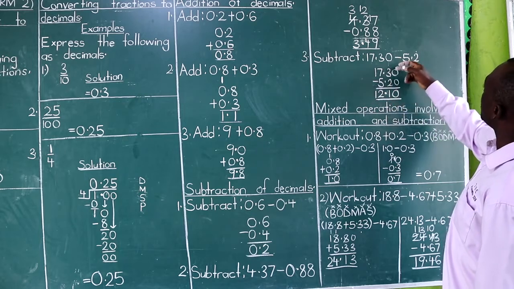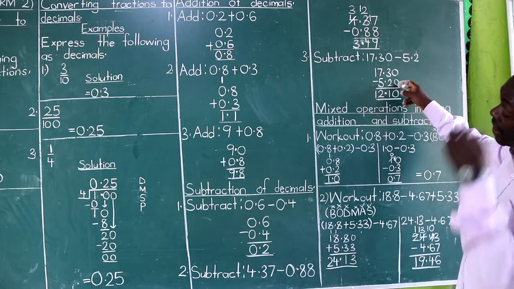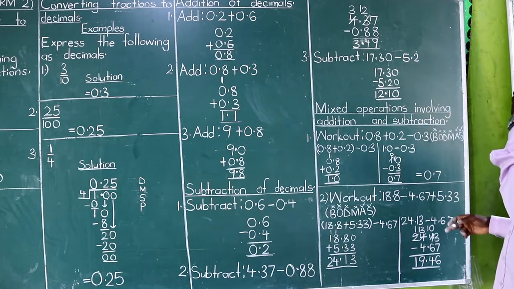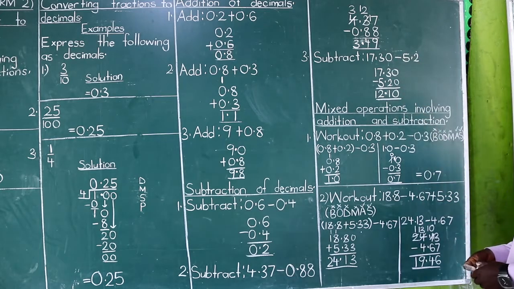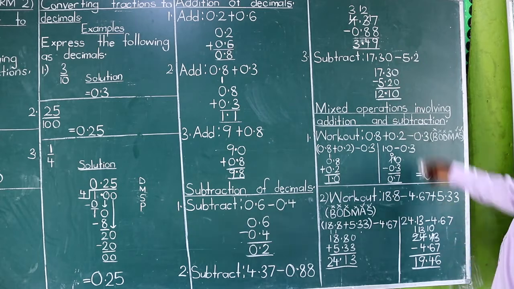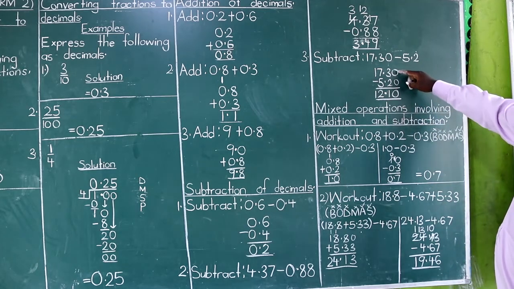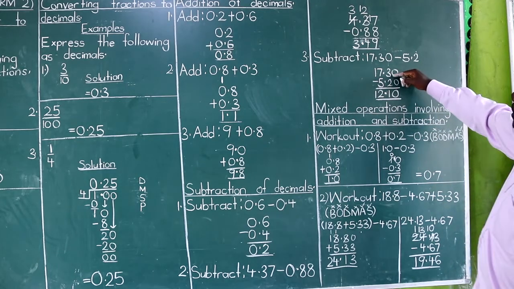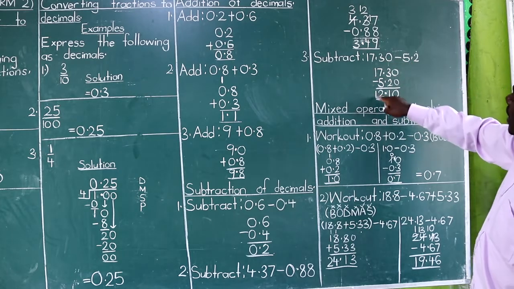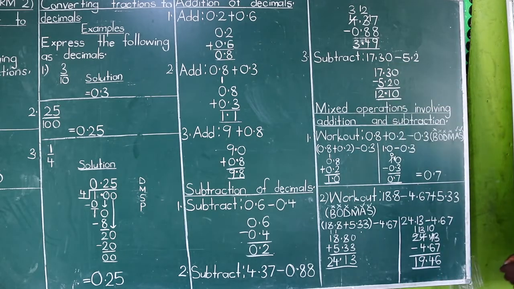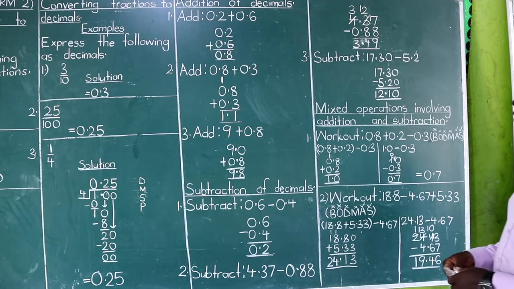Now that this 0 lacks the corresponding number, we write a 0 again under it so that it has its corresponding digit. So then we subtract 0 minus 0 is a 0, 3 minus 2 is a 1, 7 minus 5 is a 2, and the 1 down to get 12.10 as the answer to that very question.